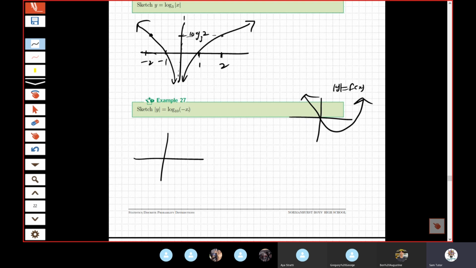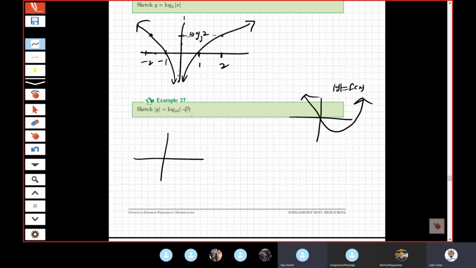So log of negative x. Now, you can't log a negative, right? Do we agree with that firstly? So what must x be? If you can't log a negative, what must x be? Greater than 0?